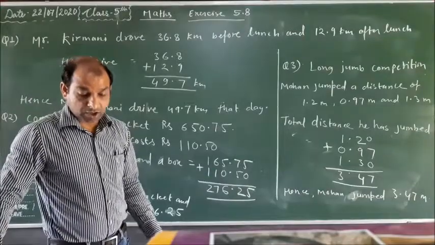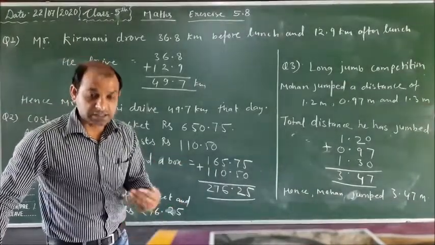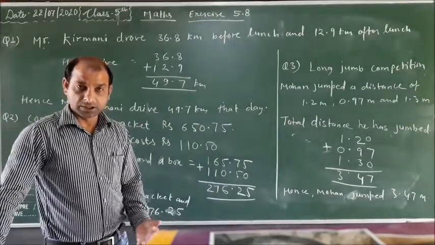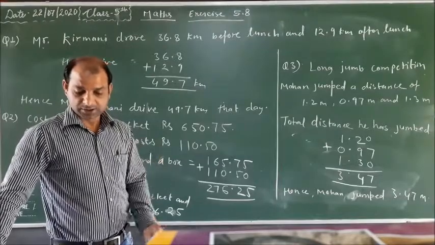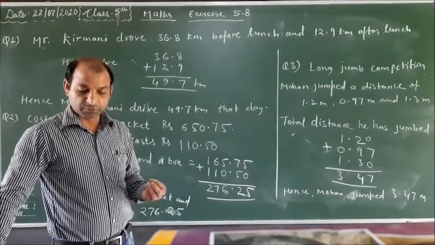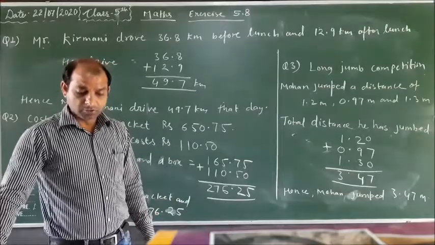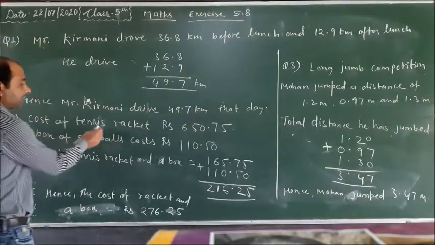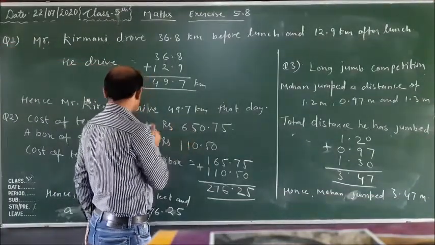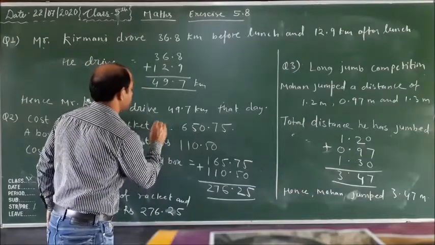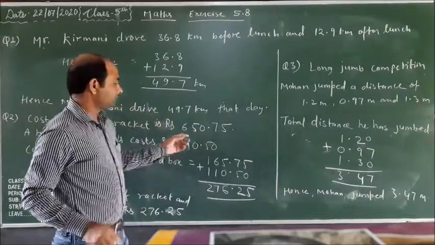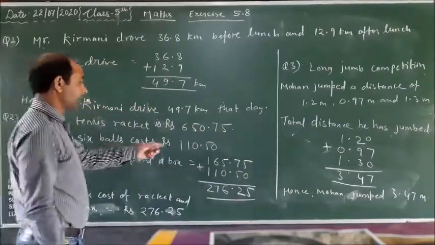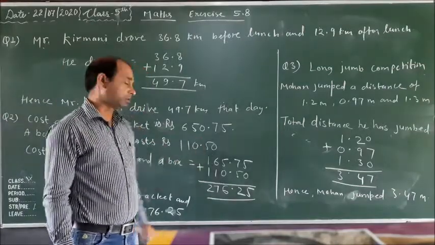Now the second question: a tennis racket is on sale for rupees 650.75. A box of six balls costs rupees 110.50 in the same sale. How much will both cost? So the cost of the tennis racket is rupees 650.75, and a box of 6 balls costs rupees 110.50.